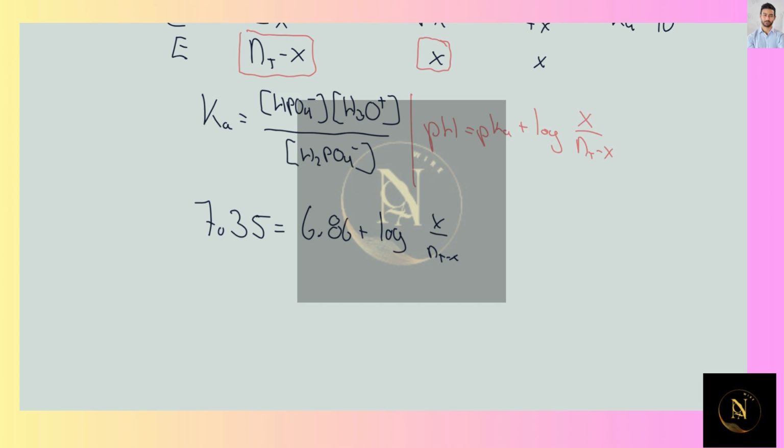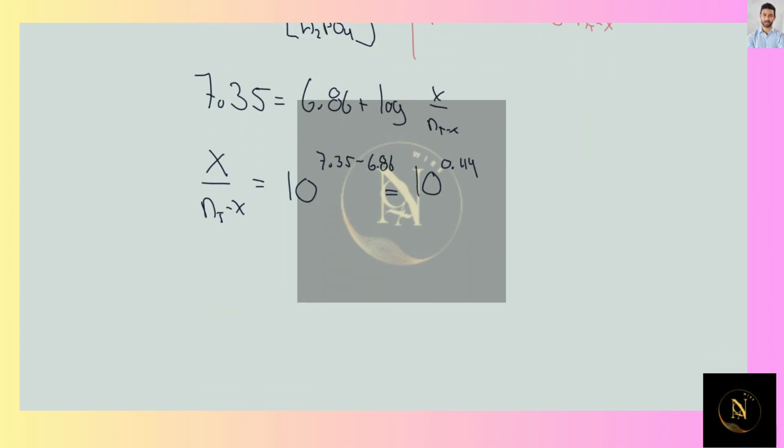From this equation, what we get is that x divided by nT minus x is going to be equal to 10 to the 7.35 minus 6.86, which gives 10 to the 0.49. Rearranging this equation, x is going to be equal to 10 to the 0.49 times the amount total of mole that we had initially, minus 10 to the 0.49 times x.